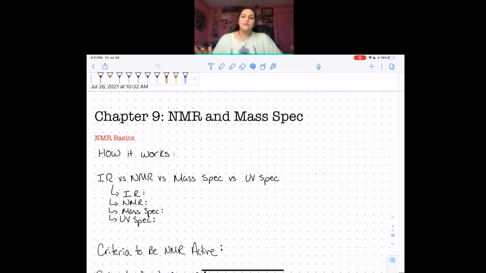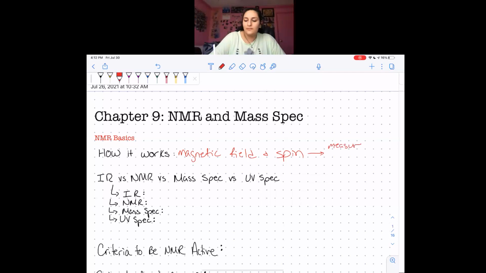So all you have to know for how it works is that you have a magnetic field and spin, and you're going to measure the frequency. I know it's very, very simplified, but that's all you really have to know for this exam. You don't have to know everything. As long as you have a vague idea of what NMR is, that's good enough.